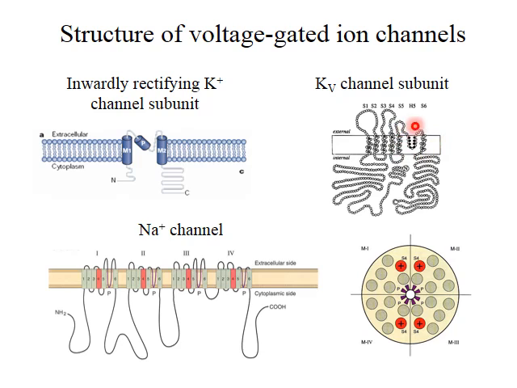But in addition to this structure, which resembles the inwardly rectifying channel, there are 4 additional membrane-spanning alpha helices, and one of these, the S4 region, contains positively charged amino acids and functions as the voltage sensor. And once again, you need 4 of these subunits to form a complete potassium channel.